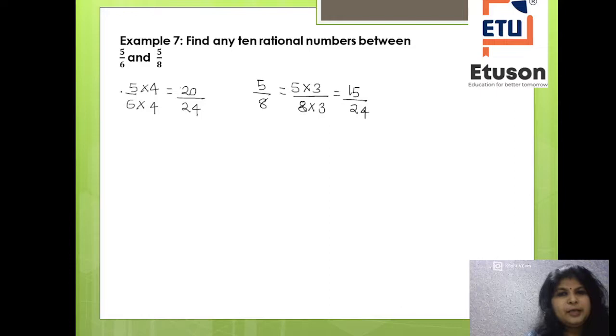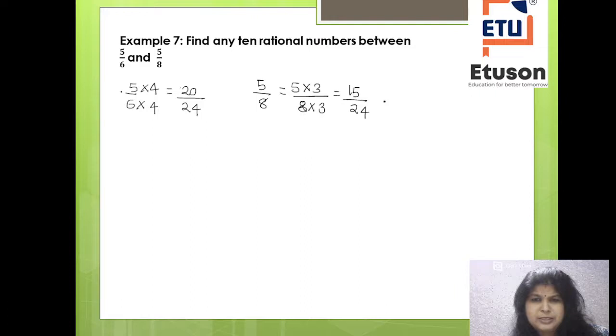So 5 by 8 is equal to 5 into 3 divided by 8 into 3, so that is 15 divided by 24. So you have to find out any 10 rational numbers. If you go in this fashion, you will get 16 by 24, 17 by 24, 18, so that it doesn't make 10 rational numbers. So what I will do is, I will multiply by 10, so that becomes 200 by 240, and this becomes 150 divided by 240.